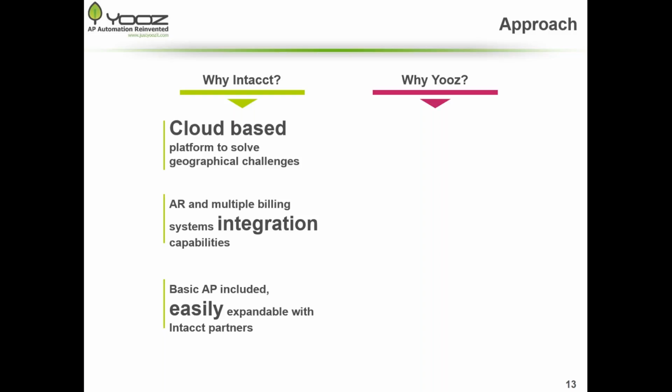They also wanted accounts receivable and multiple billing systems integration capabilities in their Intact version, being able to integrate into a finance system with multiple billing systems and an accounts receivable software as well. The third reason was the basic accounts payable package that was included, but that was easily expandable with Intact's partners, so easily integratable with various partners.